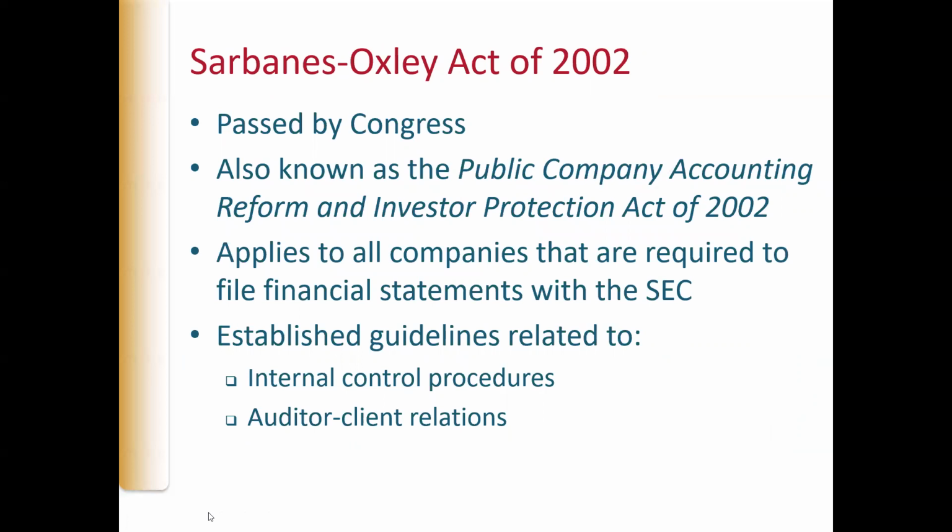The Sarbanes-Oxley Act was passed by Congress and applied only to public companies, companies that were required to file their financial statements with the Securities and Exchange Commission. So public companies, meaning those whose stock was allowed to be traded in the public arena.